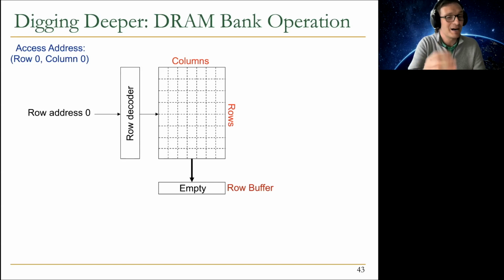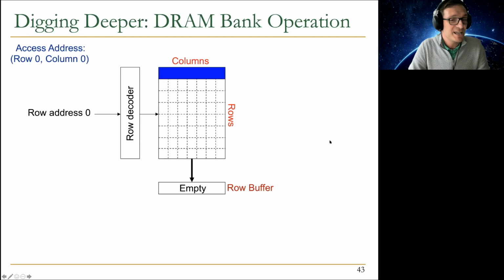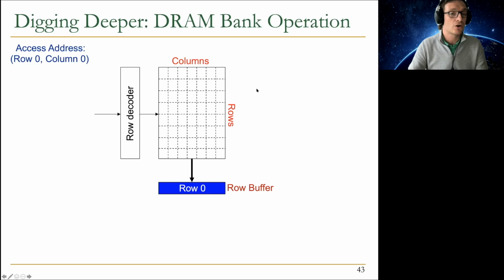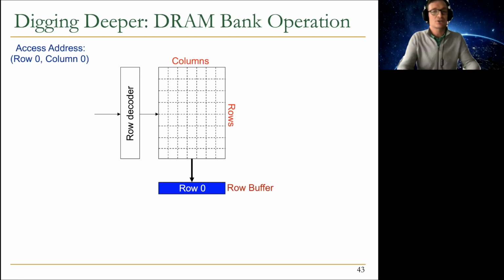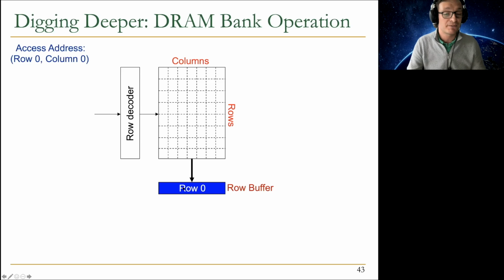We're going to talk about all these components very soon in the combinational logic lectures. We're going to talk about a decoder, and you'll figure out exactly what that is, which basically activates one row. You give the row address 0, and the row decoder asserts one signal corresponding to row 0. Then that row gets activated, and its data gets moved to the row buffer in the DRAM chip through the interconnect over there. Now you have row 0 in the row buffer.